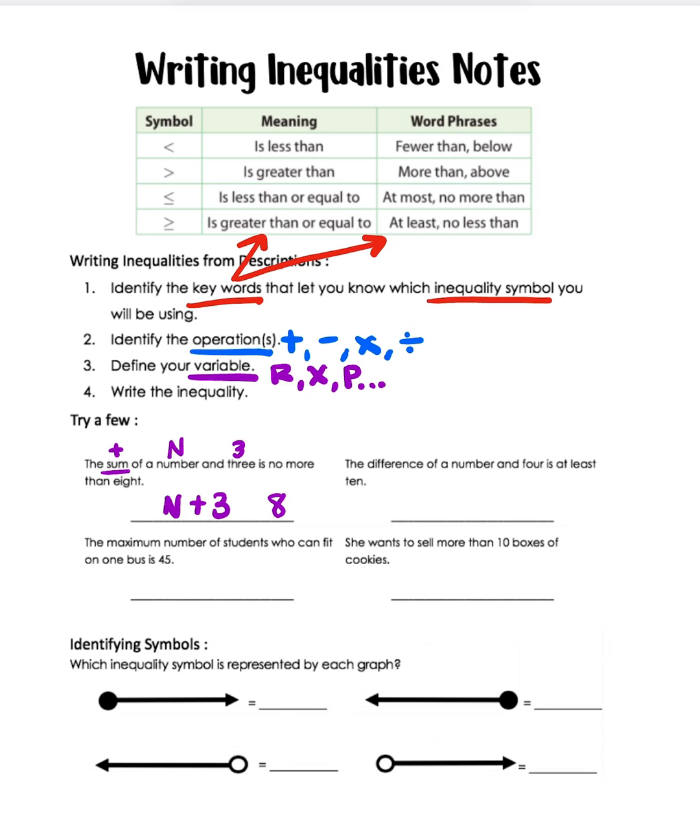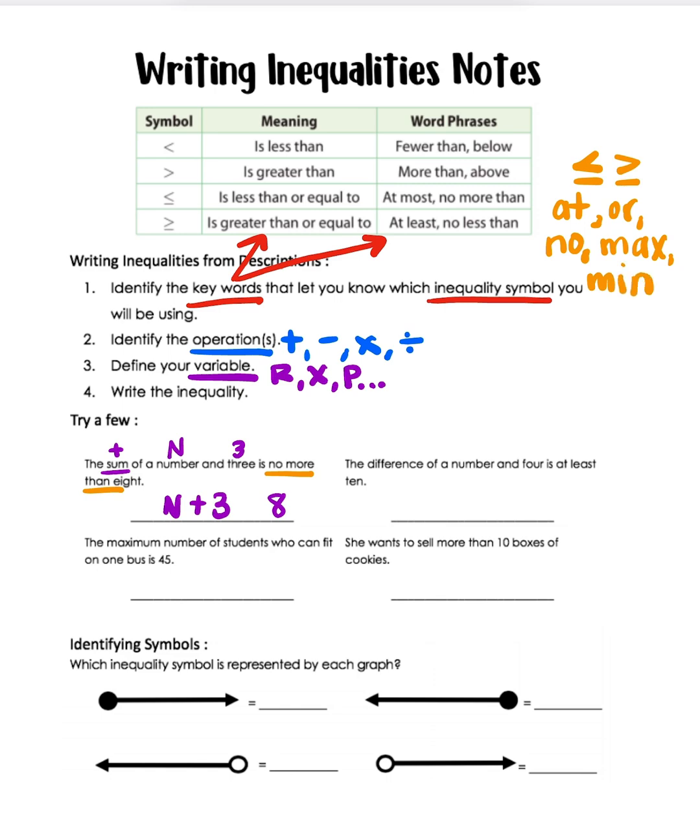than 8. So when it says no more than, that's one of our key things for problems that have equality lines, so these symbols with the equality line. You're going to look for words like at or no, maximum, and minimum.